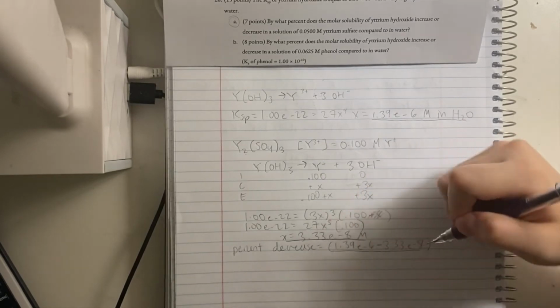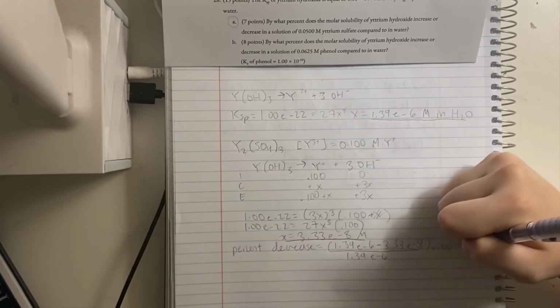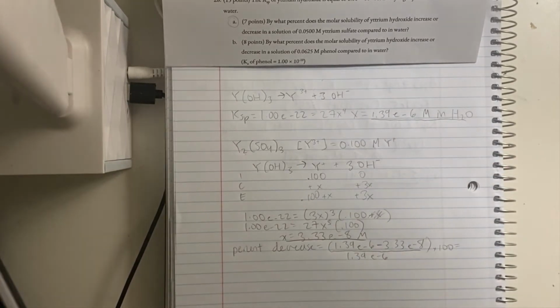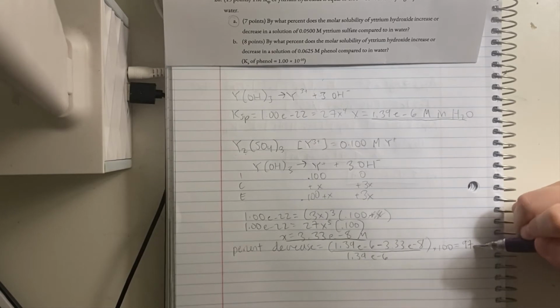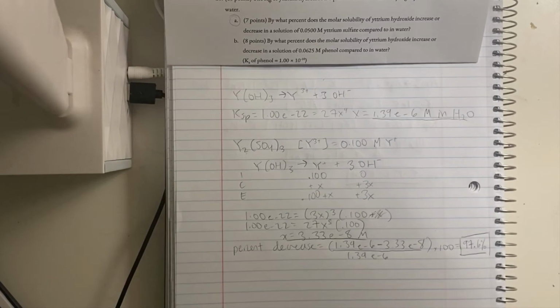And all of that over 1.39e-6 times 100, and that should give us our correct percentage. And that is 97.6% decrease. And yeah, that is just a step-by-step way to solve a really classic percent increase or decrease in molar solubility.